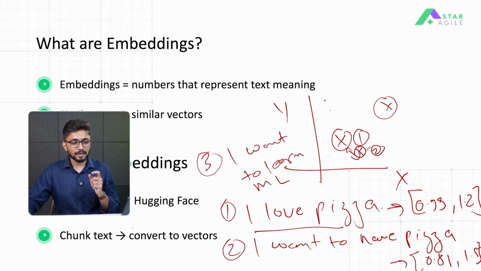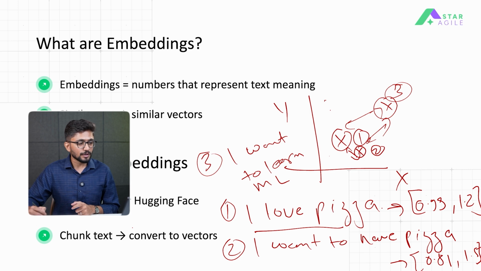Remember, the first two sentences were talking about the affection towards pizza, whereas the third sentence is talking about the need for learning machine learning. These two sentences are conveying one set of meaning, whereas the third is conveying a totally different set of meaning. Therefore, on the embedding plane, the embedding of the third sentence will be farther away from the embeddings of the first two sentences.